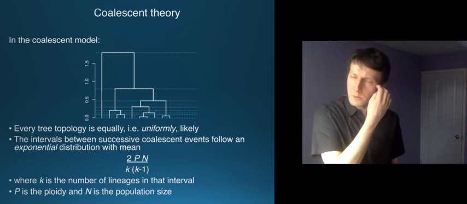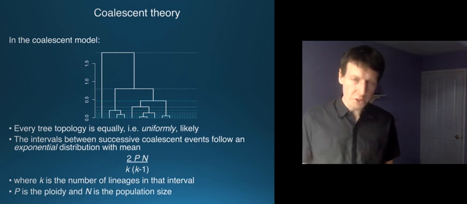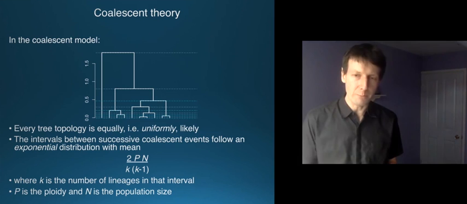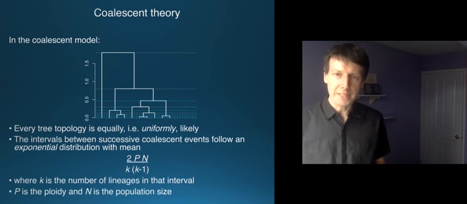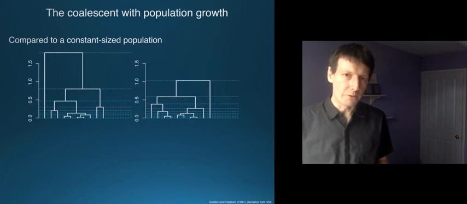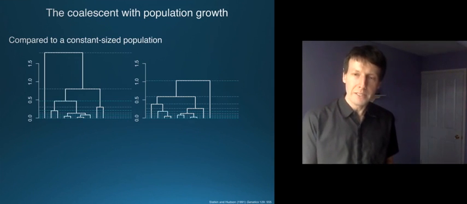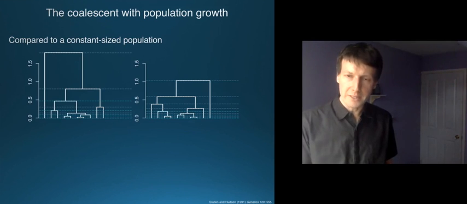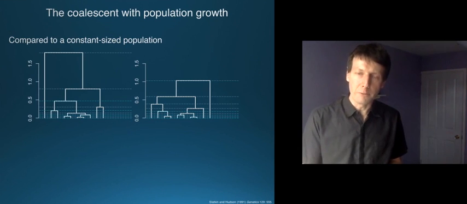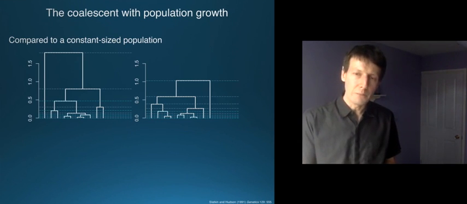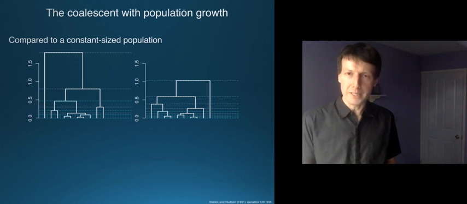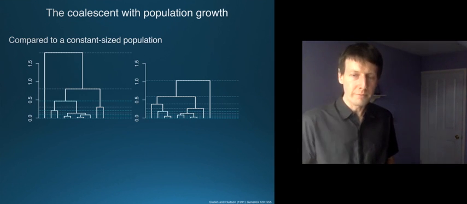So take a look at the general shape of that tree, because I'm going to show you what it looks like when you alter the assumptions a bit and allow for changes in population size, in particular population growth. Compared to a constant size population on the left, a coalescent tree, or the genealogy of a random sample of individuals within a population, is compressed when you have population growth.